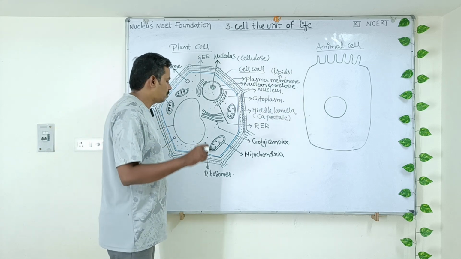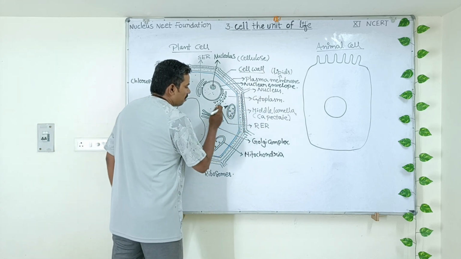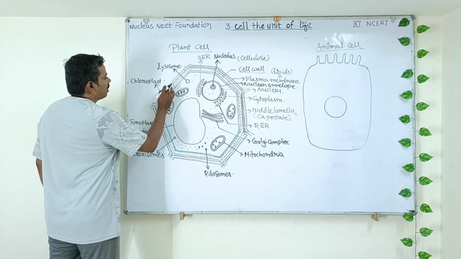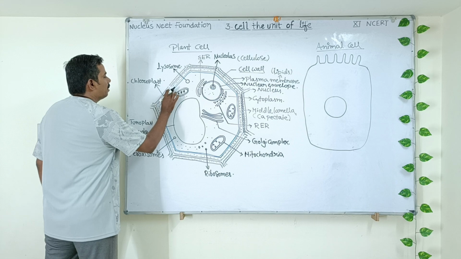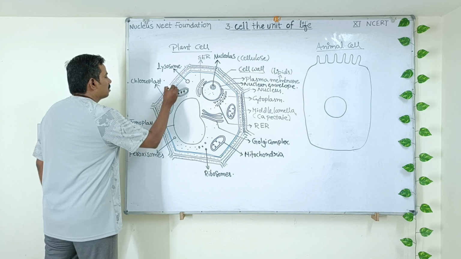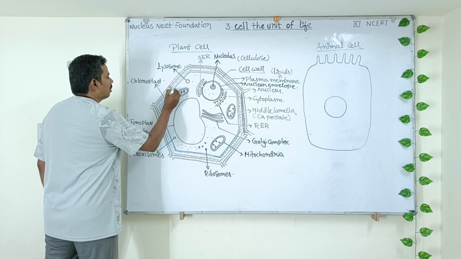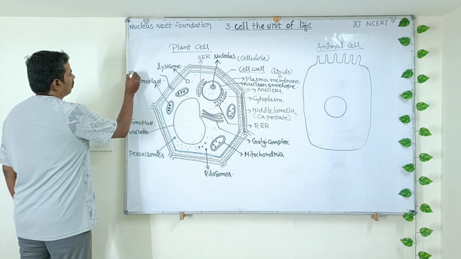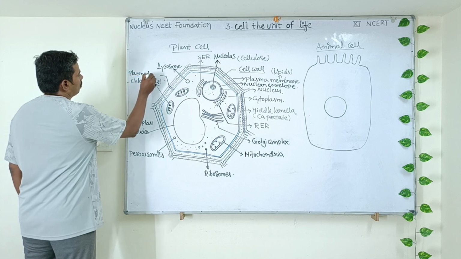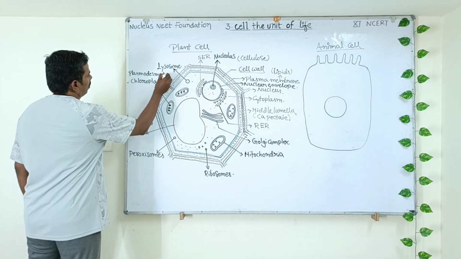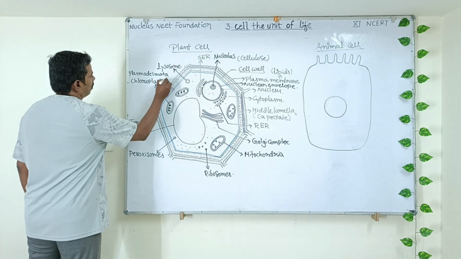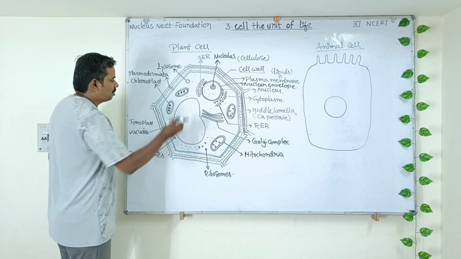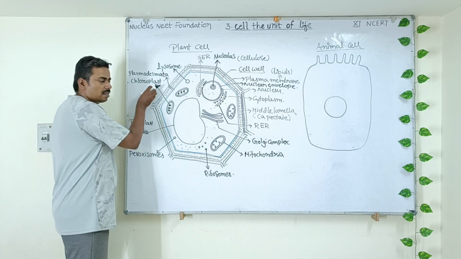And one more important point, students: here there will be one plant cell and here there will be another plant cell. The adjacent cells will be connected by connections called plasmodesmata.